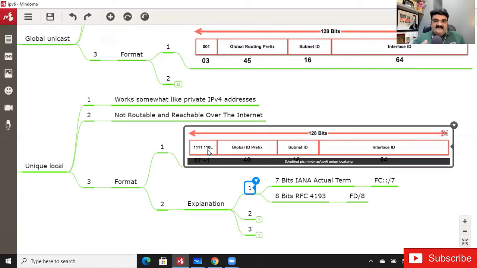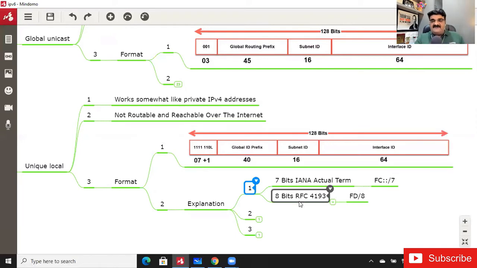Then they changed this as per an RFC reference, and it became FD00::/8. In the current new CCNA book, they say that you can use FD00::/8. So you have to remember both.